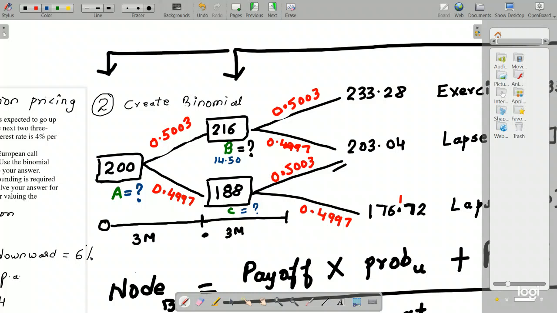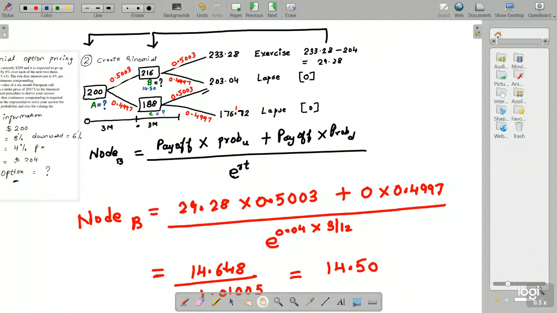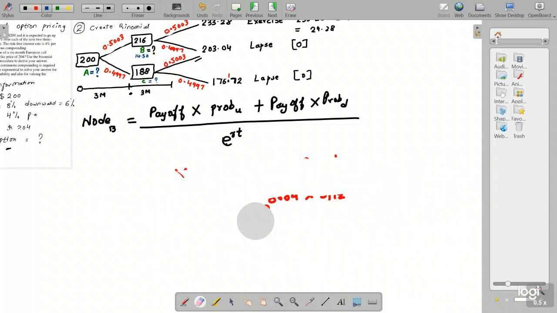And on what basis? Absolutely in the same way as what we have done so far, right? Okay, so now I'm going to delete this portion because we have already got 14.50, and instead of this, this is going to be node A now.